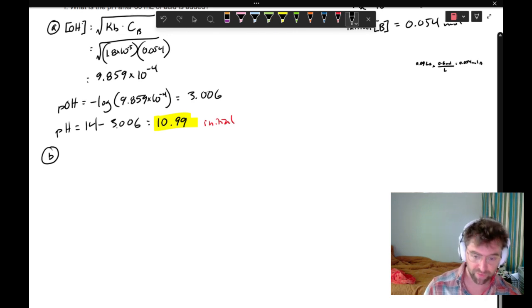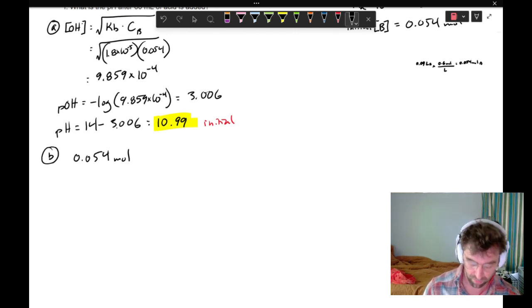So we had our initial quantity of base, 0.054 moles of ammonia. Because we're working with 1 molar strong acid, it's 1 mole per liter, it's pretty easy.